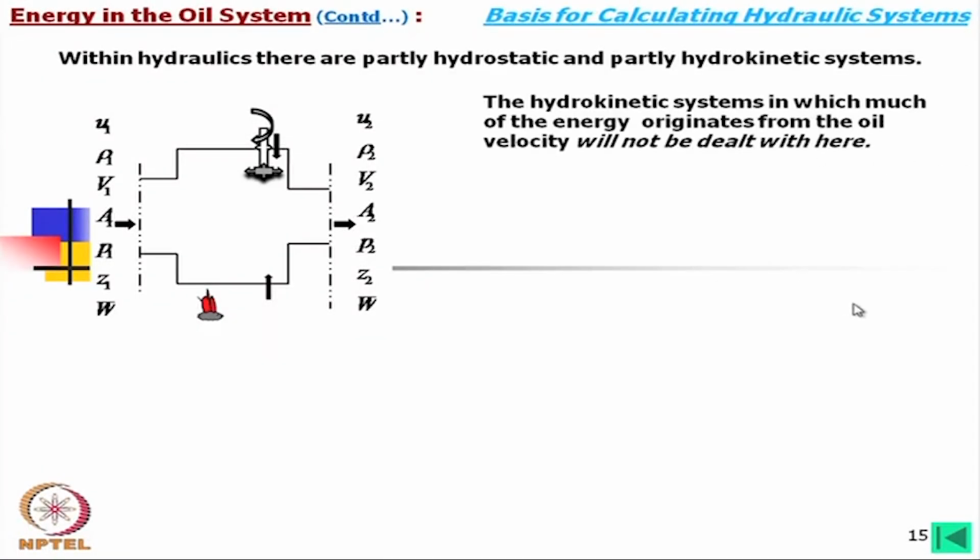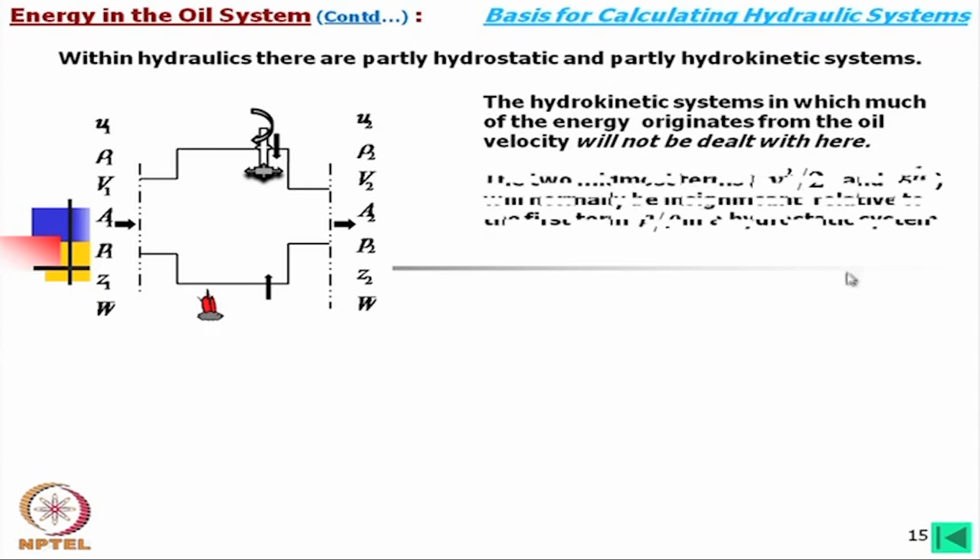The hydrokinetic systems, in which much of the energy originates from the oil velocity, will not be dealt with here. The two midmost terms, V square by 2 and g h, will normally be insignificant relative to the first part, P by rho, in hydrostatic systems.